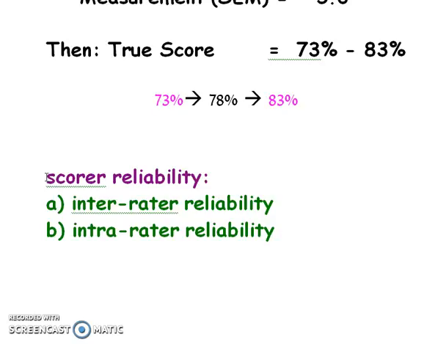I'm grading 30 papers, and it's 8 o'clock in the morning, and I've got my coffee, and I've had my breakfast, and I'm very happy. And then I see that around lunchtime I'm tired, and I'm giving scores that are a little bit lower. So I stop and have lunch, and then by 2 o'clock the scores are a little bit higher and I'm in a better mood. So we have to look at the scorer as well as looking at the student papers.